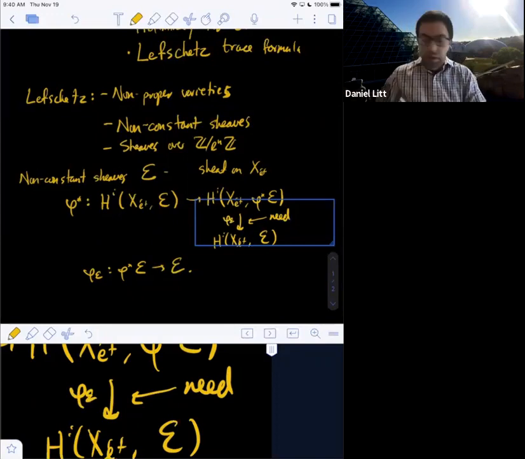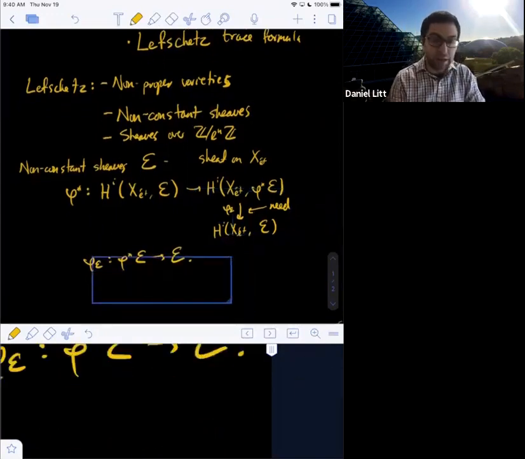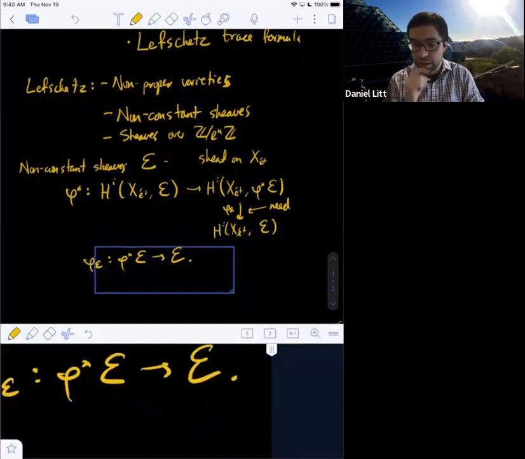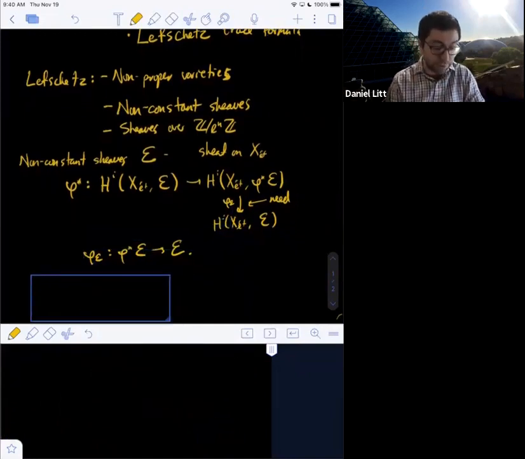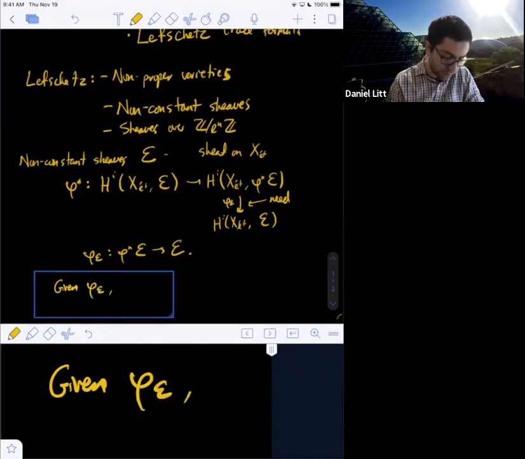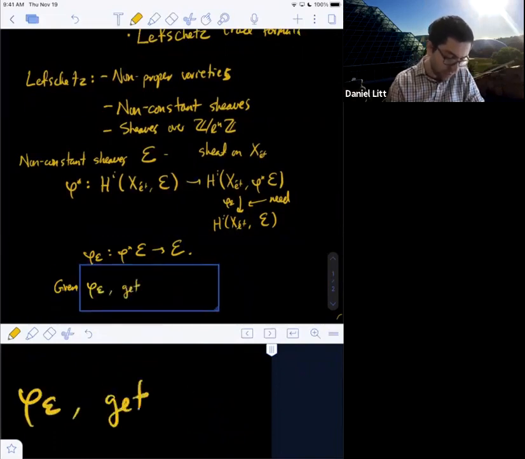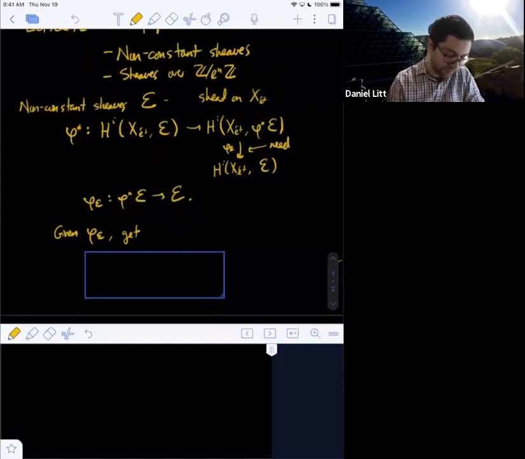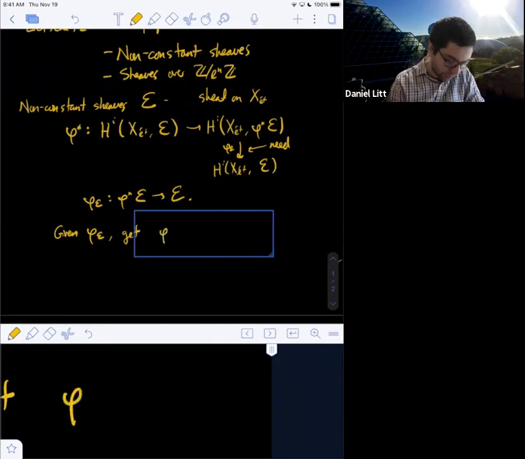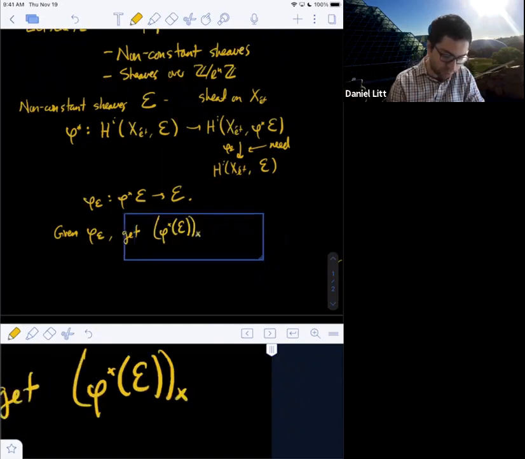Great. So given such a map, we also get endomorphisms of the fibers of E over the fixed points of phi. So given phi_E, we get a map from the stalk of phi star E at some point x.